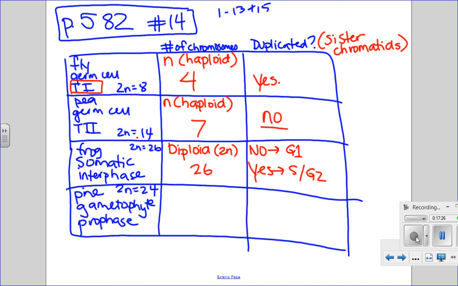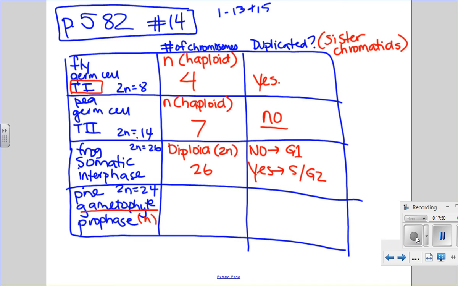The last one is tricky. The last one is a pine cell, and it is a gametophyte cell. Now we just saw that it is named for the thing that it produces. Gametes have N chromosomes. So if I'm a gametophyte, I should have a haploid number of chromosomes.